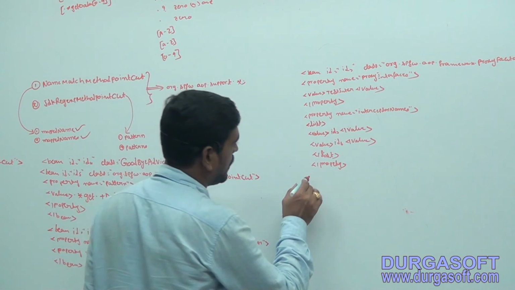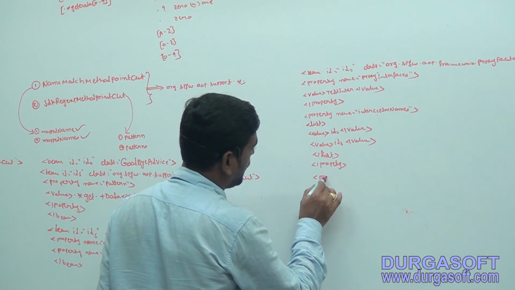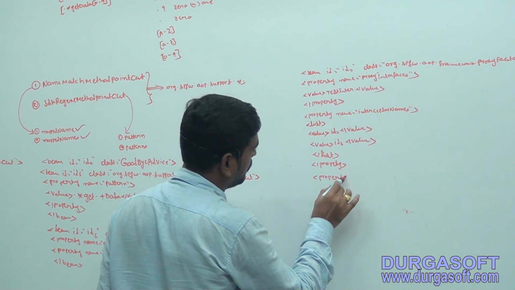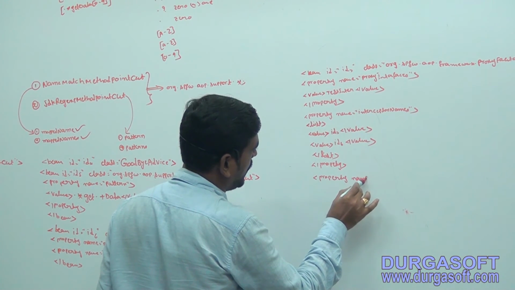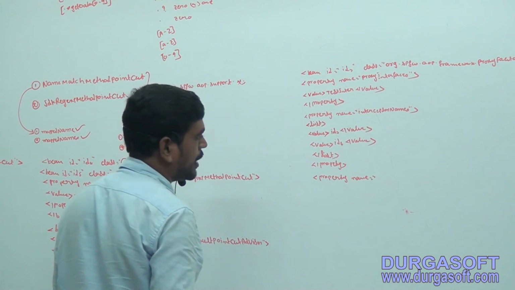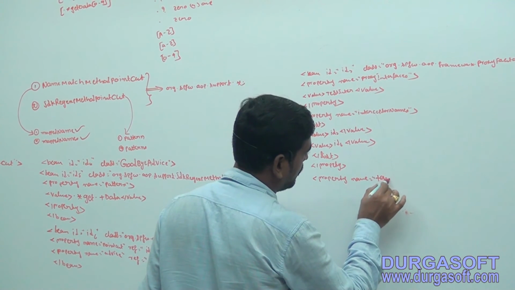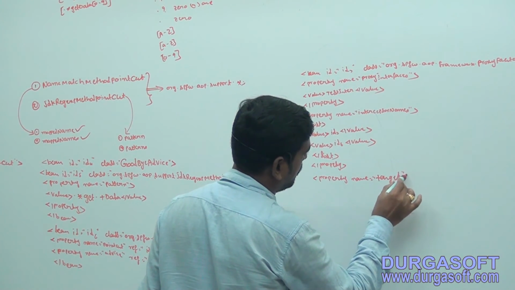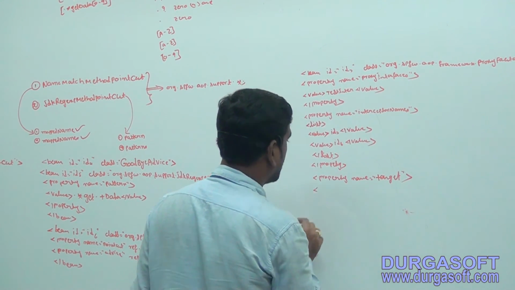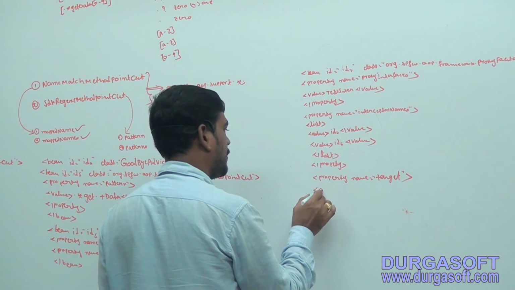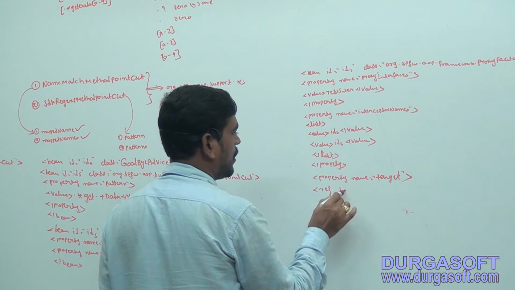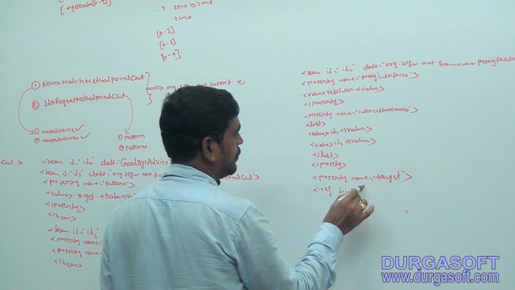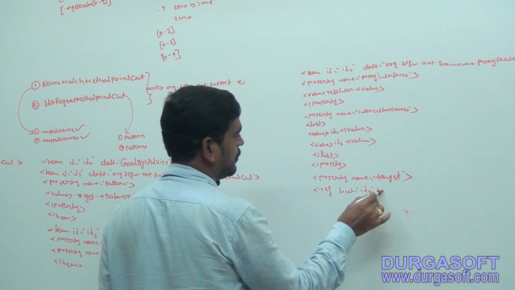After that, finally, target property name is equal to target. The next, ref local is equal to id 8.